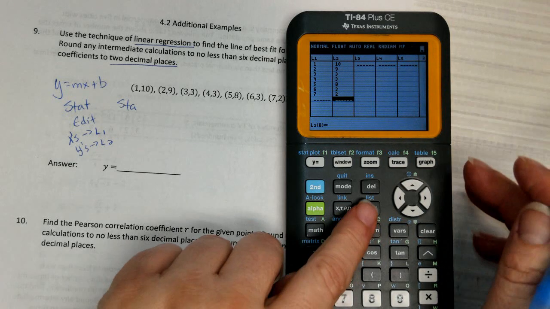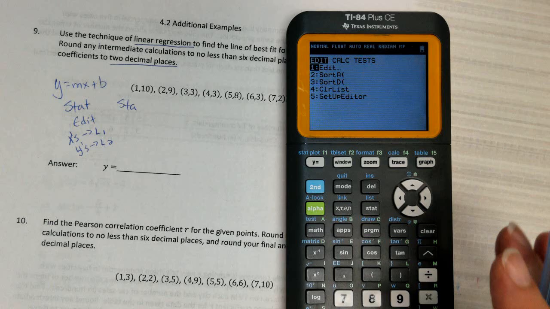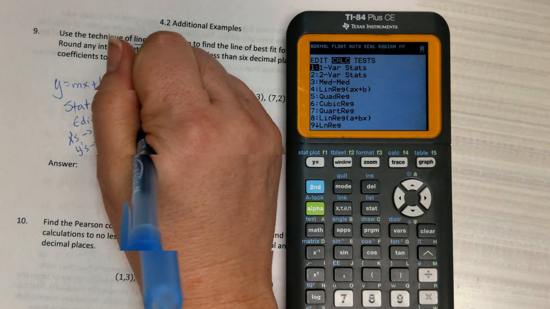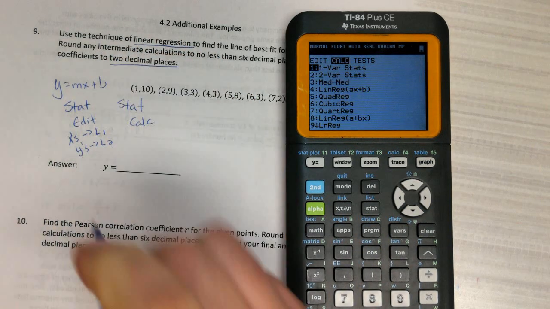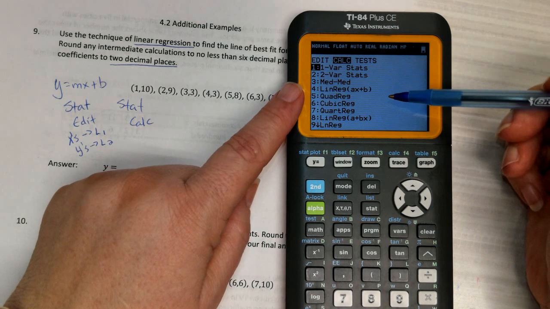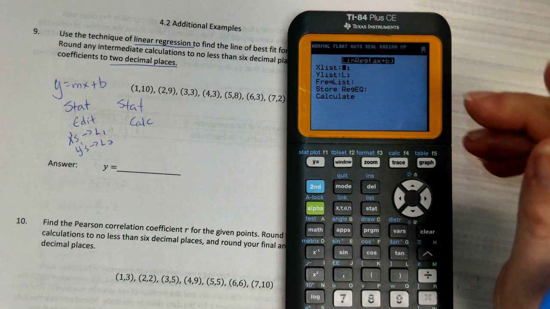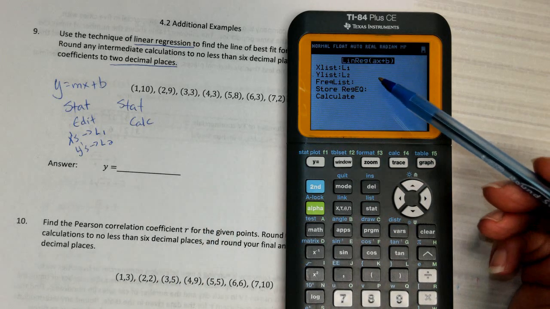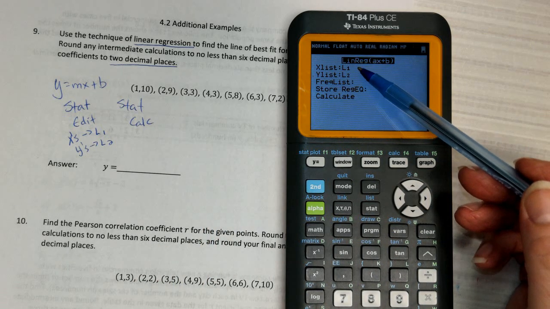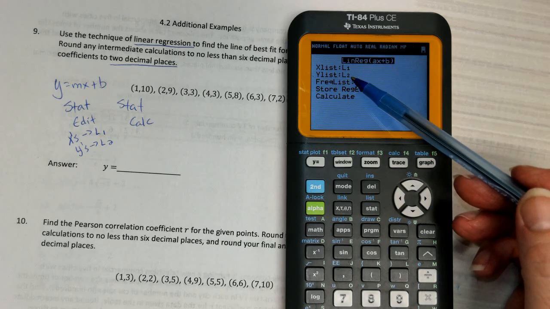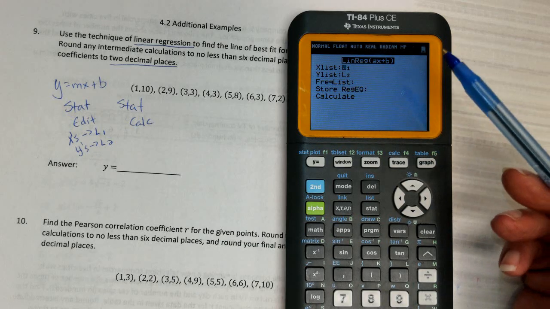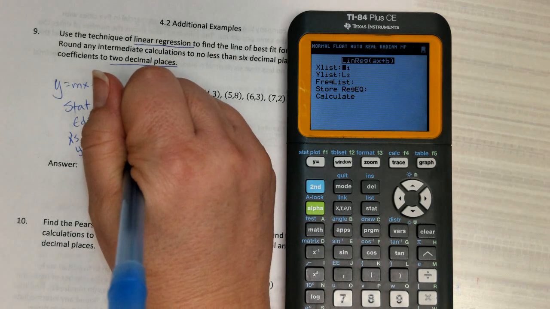But when you go to stat and calculate, 4 and 8 are basically the same. I'm just going to pick 4. And double check that these are the same things that you put into, L1 and L2. What was that? 4.